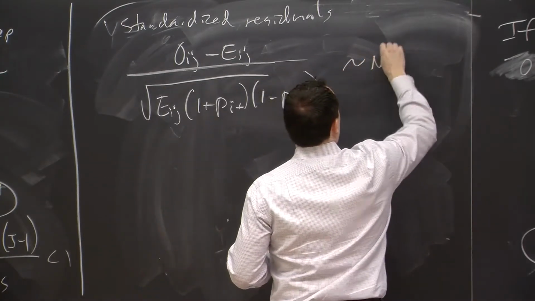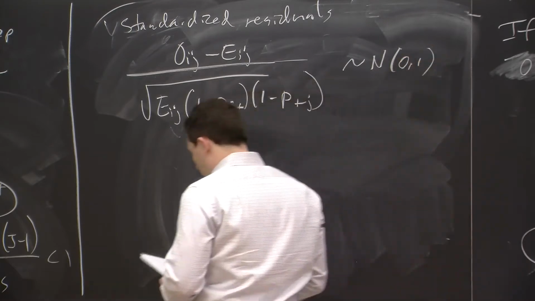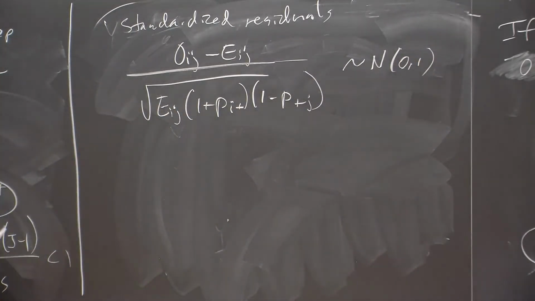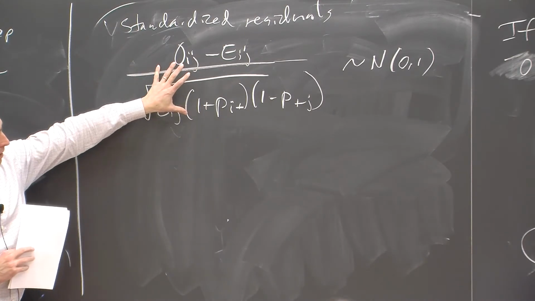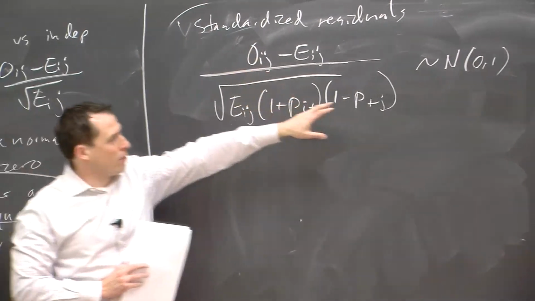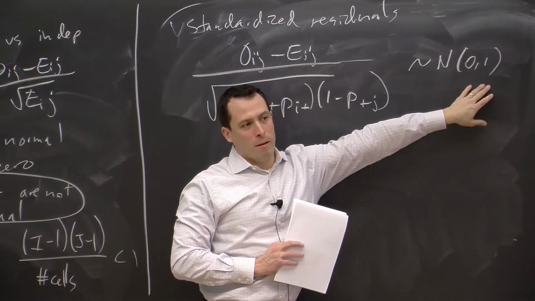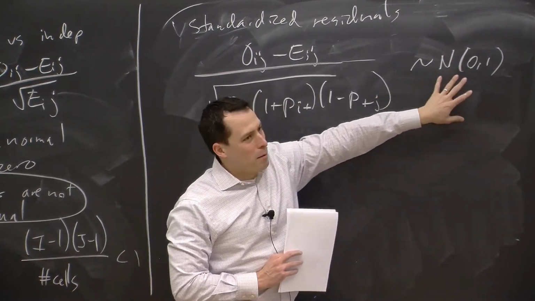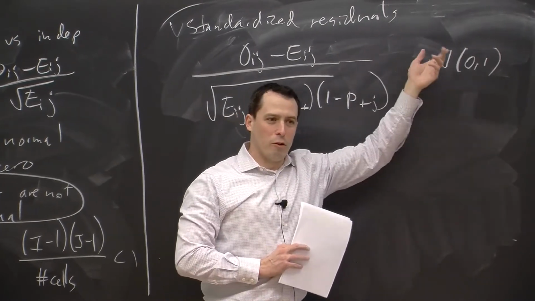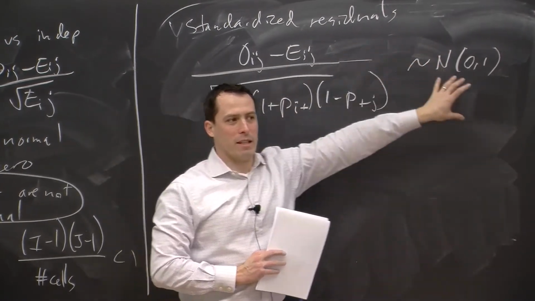And this will be approximately normal with variance 1. That's where the rule of thumb comes from: if you calculate this number and it's more than 2 or 3, you're comparing against a normal table. 1.96 would be the 0.05 level, but then there's multiple hypothesis testing if you have many cells to worry about.